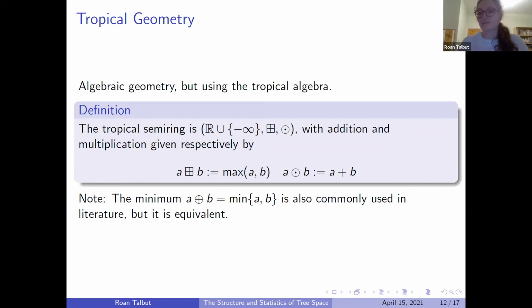This may sound very bizarre, but it's got a lot of applications in a lot of different fields. I think a lot of this stems from the fact that it's quite good at dealing with combinatorial conditions, which is already something we've had to think about in this tree context. And it comes up again here as well.